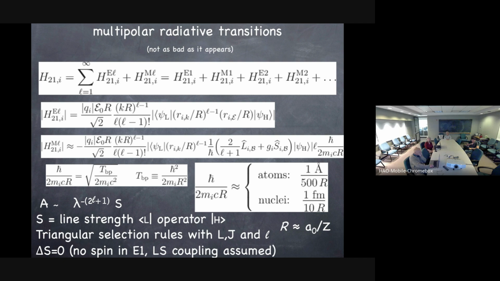And generally speaking, if I look now at the second row here, we have an expression for the magnitude of that interaction, namely the strength of the line between two wave functions, say psi h on the right and psi l on the left. This could be the singlet S state in the previous graph and the singlet P state. We know it's an electric dipole, so the little l is 1.